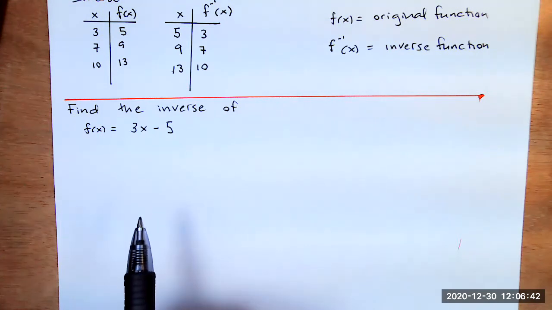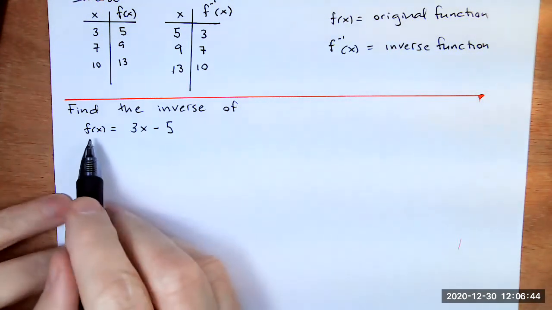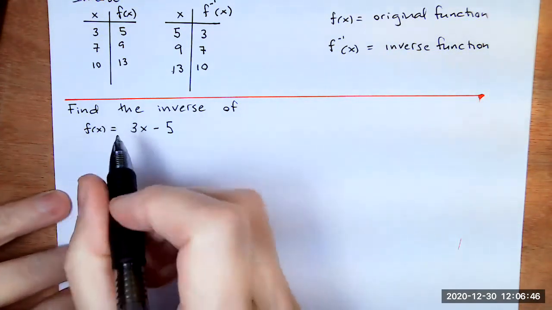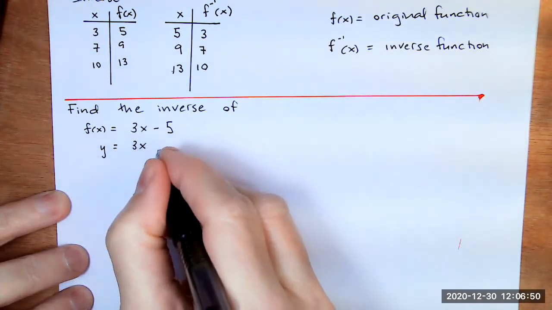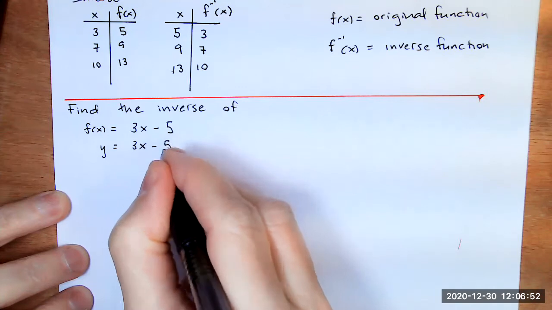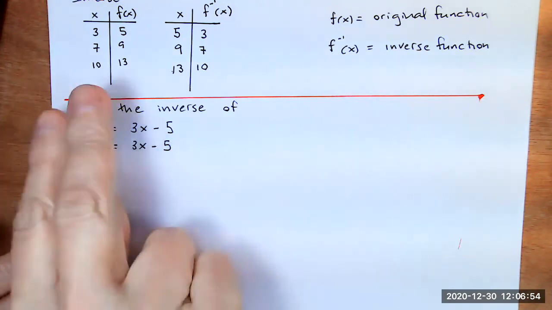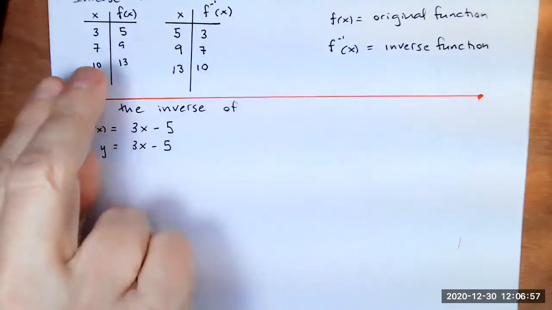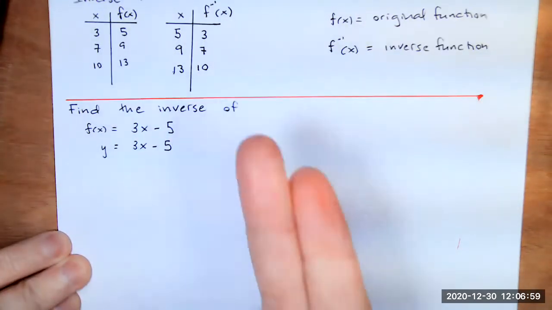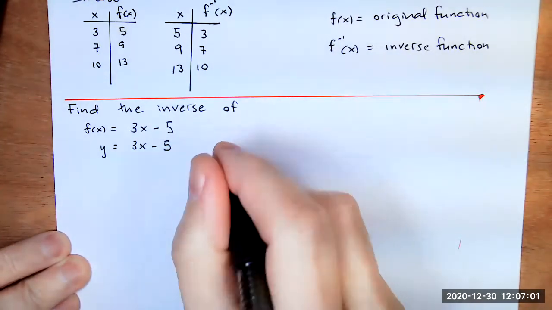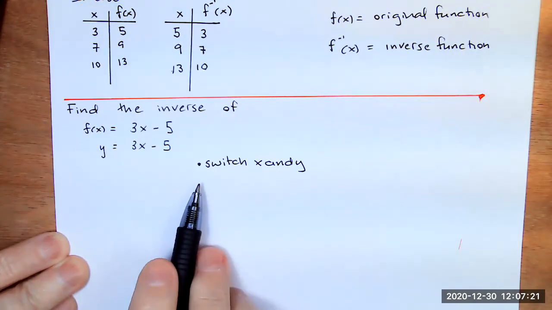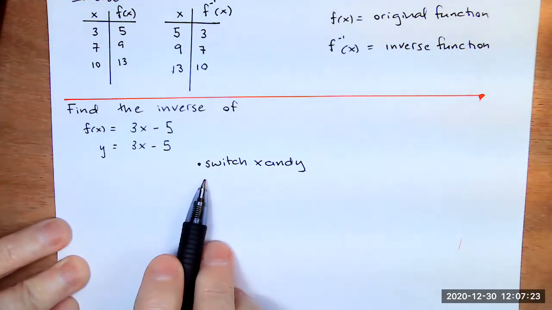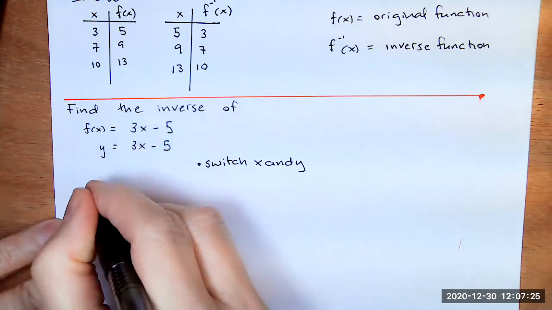How do you find the inverse algebraically? Well, first we can write y for f of x. And when we find the inverse, we're basically just switching the x and the y. So that's our next step. We're basically going to switch x and y.